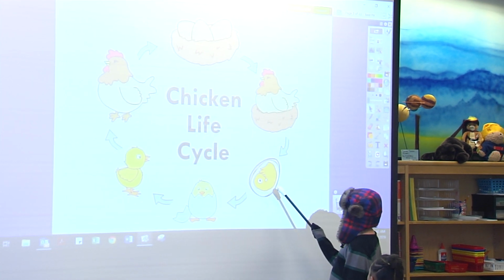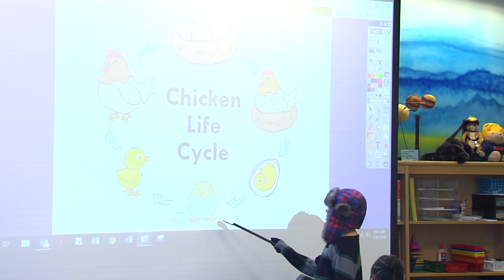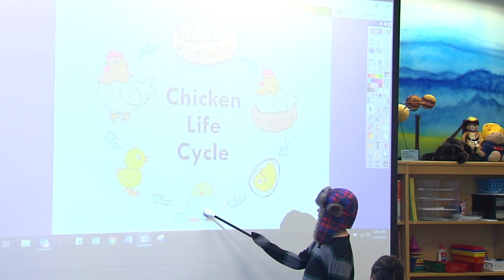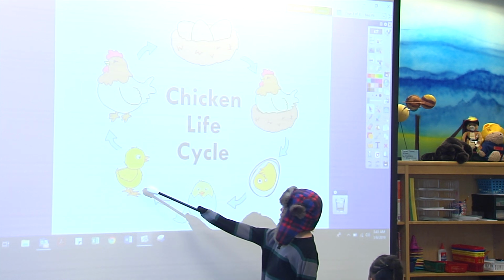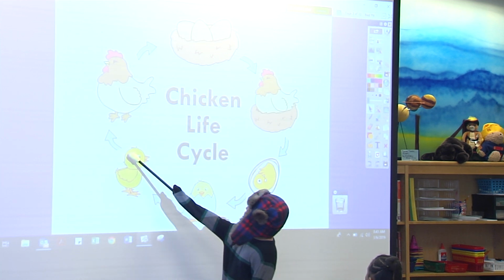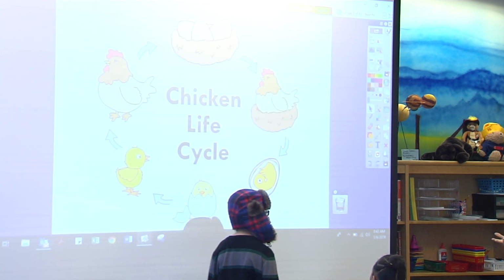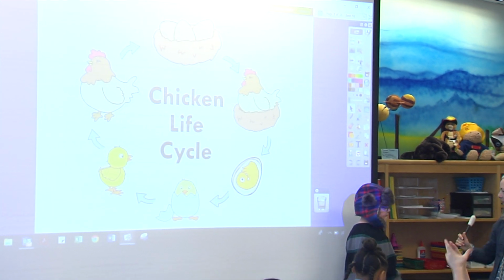That's what happens inside the egg, right? It starts growing, and then it starts hatching. Remember that day? It'll hatch out to be a little baby chick, and then it'll become a hen or rooster. Exactly. Good job. Give him a round of applause.